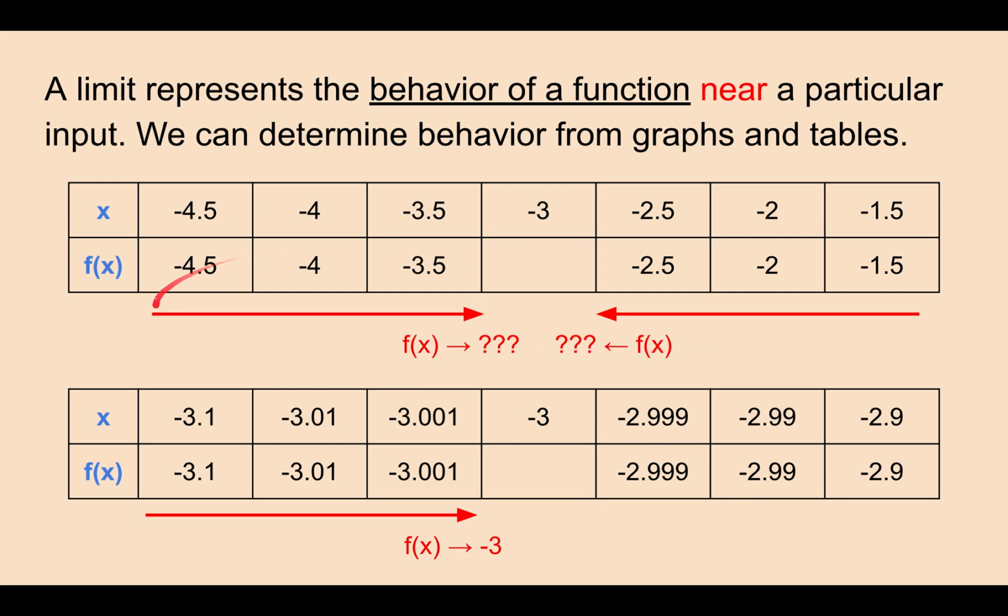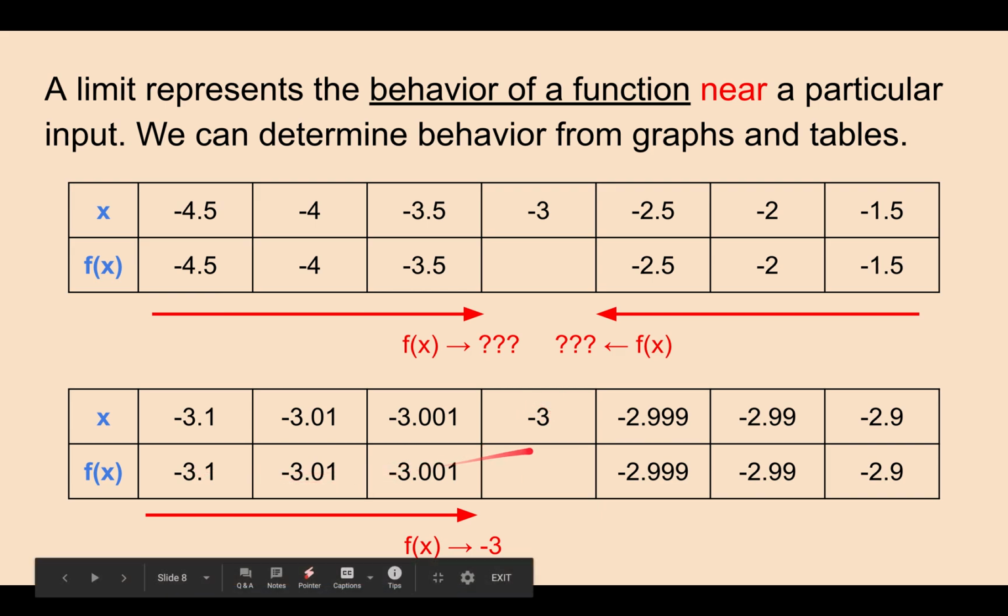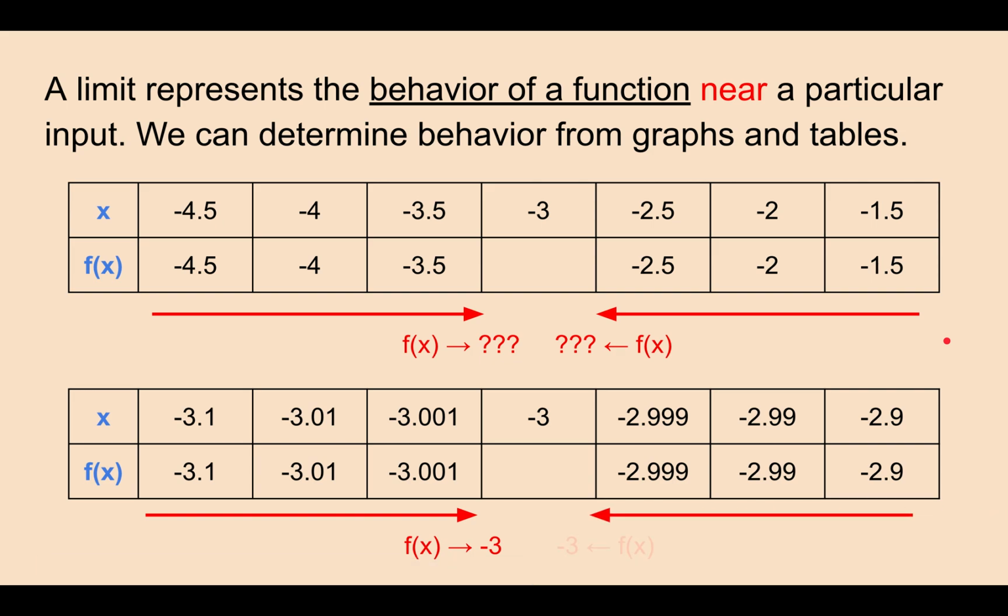So I don't have this ambiguity anymore. The closer I can get to this point of interest, the more accurate my estimation will be. And as I come in from the right, that's clearly going to -3. So I'm very confident to suggest that the behavior of this function around -3 is -3. That's the take home: be very near to the point you care about.